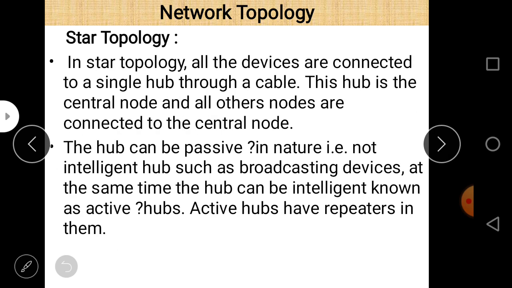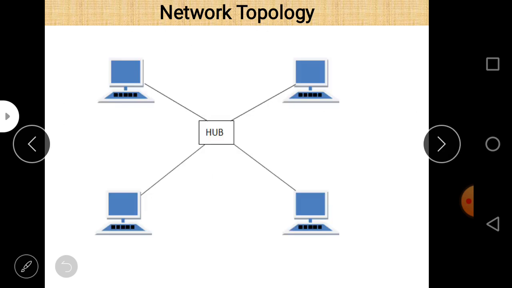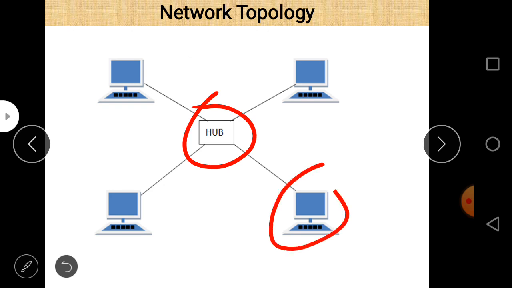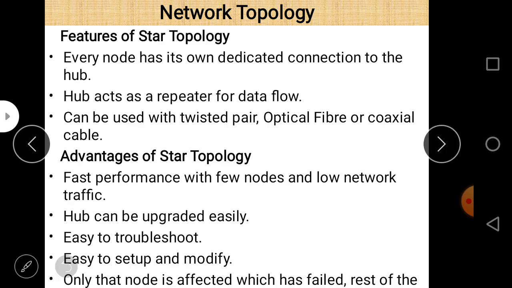And third is star topology. In star topology, all systems are connected to a hub, and its main advantage is that if one line is not working, then there is no effect on the other computers. But if there is a problem in the hub, then the network will not work at all. So there is a formation of a star, that's why it is called star topology.